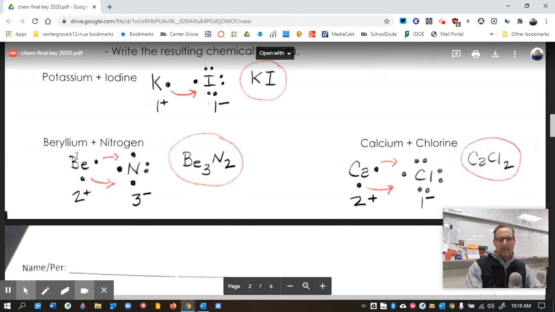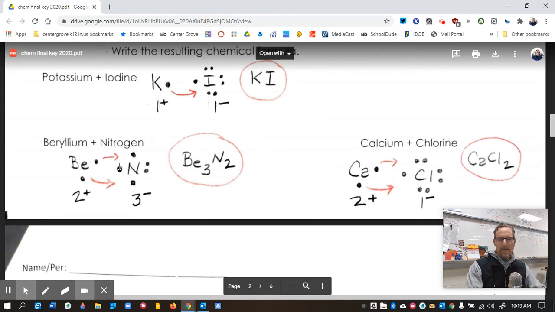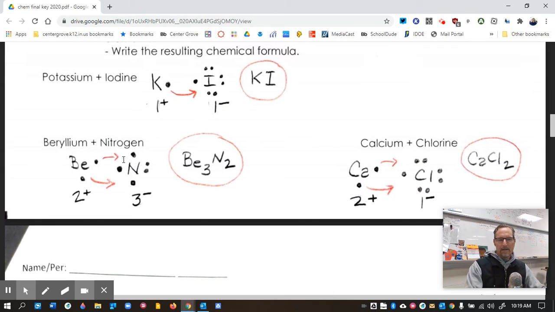Next one is beryllium and nitrogen. So beryllium has 2 valence electrons, so it wants to lose those. So it's going to form a 2+ ion. And then the nitrogen, it has 3 of the electrons not paired up, so it wants to gain 3.